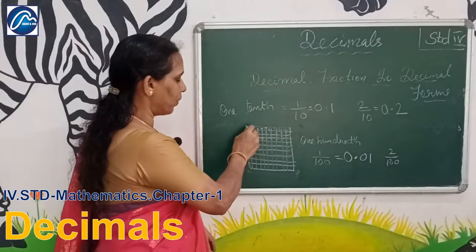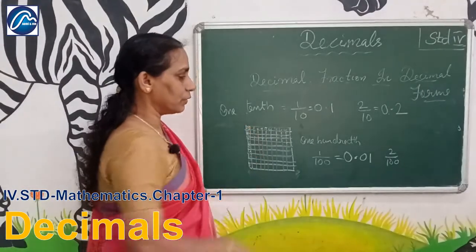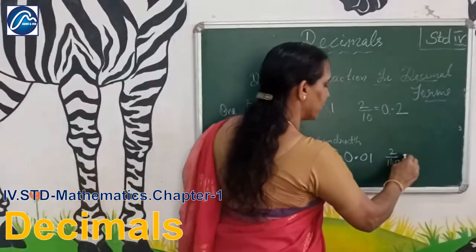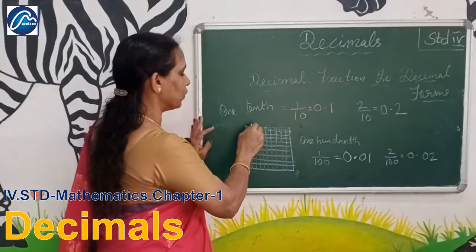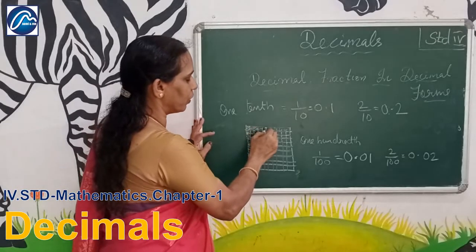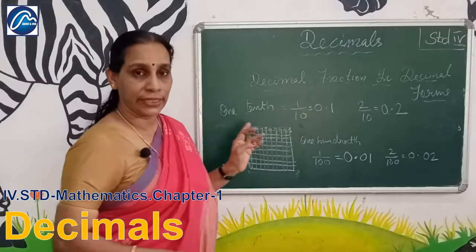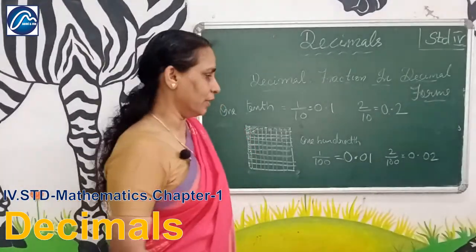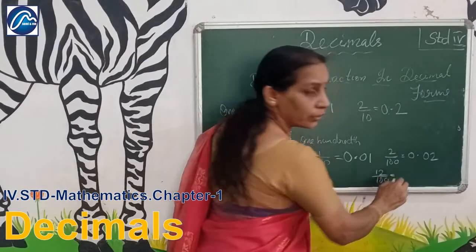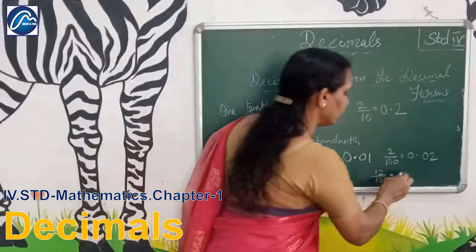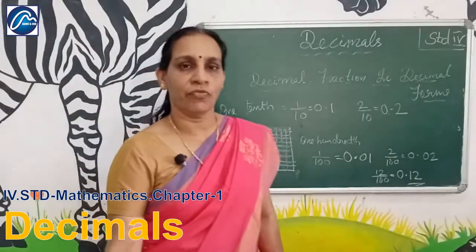Now if it is 2/100, that means 2 parts of all this. Okay, if you are writing 2/100, you will get 0.02. Now suppose you are taking 1, 2, 3, 4, 5, 6, 7, 8, 9, 10, 11, 12. I have shaded 12 pieces. So you will write 12 by 100 is equal to 0.12.